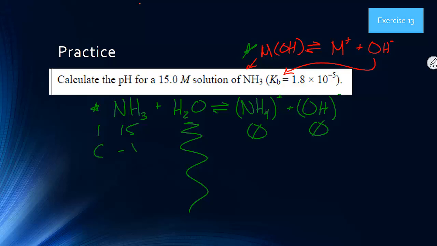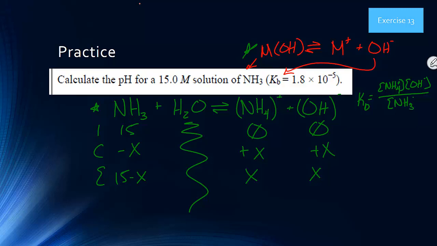It will change by decreasing by some value and increasing in products. So at equilibrium, I would have 15 minus x, and I'd have x and x. Now Kb has to equal the concentration of the ammonium times the concentration of the hydroxide over the concentration of the ammonia. We don't include the water because it's a pure substance.